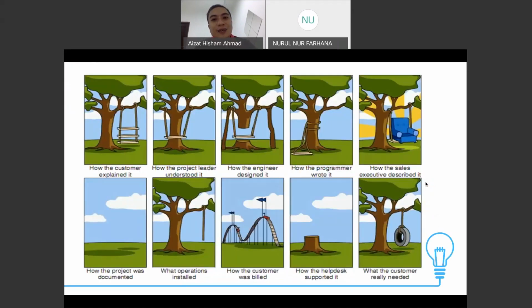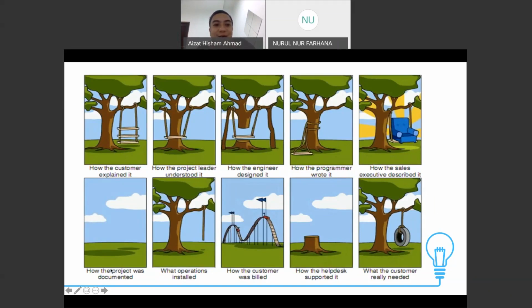All right, look at the photo. I'm sure some of you, especially the engineers, might have seen this photo. So how the customer explained it, how the project leader understood it, how the designer designed it. Sorry, how the programmer wrote it, in the case of software development, how the sales executive described it.